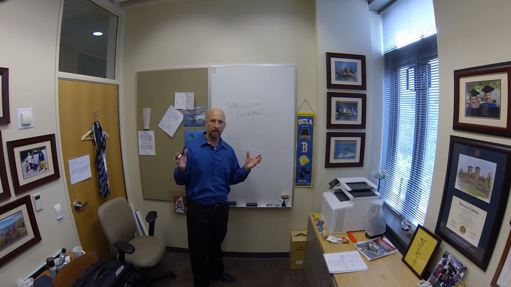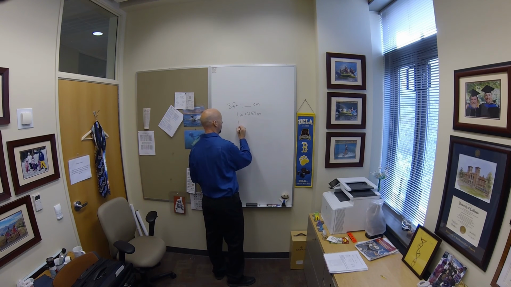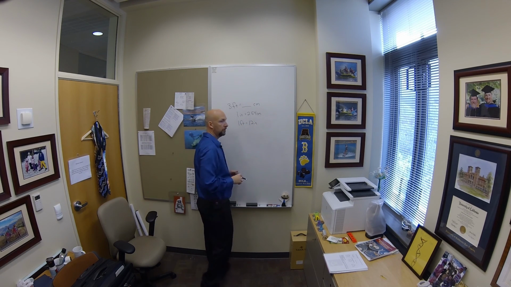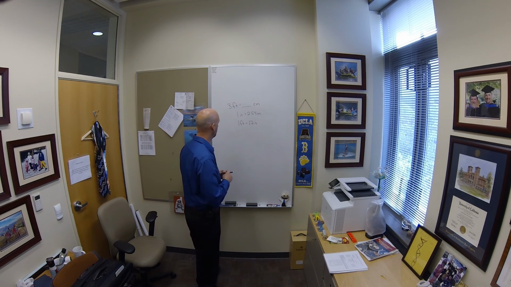Well, obviously I expect everybody to know that there's 12 inches in 1 foot. So you should know that 1 foot equals 12 inches. I do expect you to know a little bit within the imperial system or the U.S. standard system. So now we're ready to solve the problem using dimensional analysis.